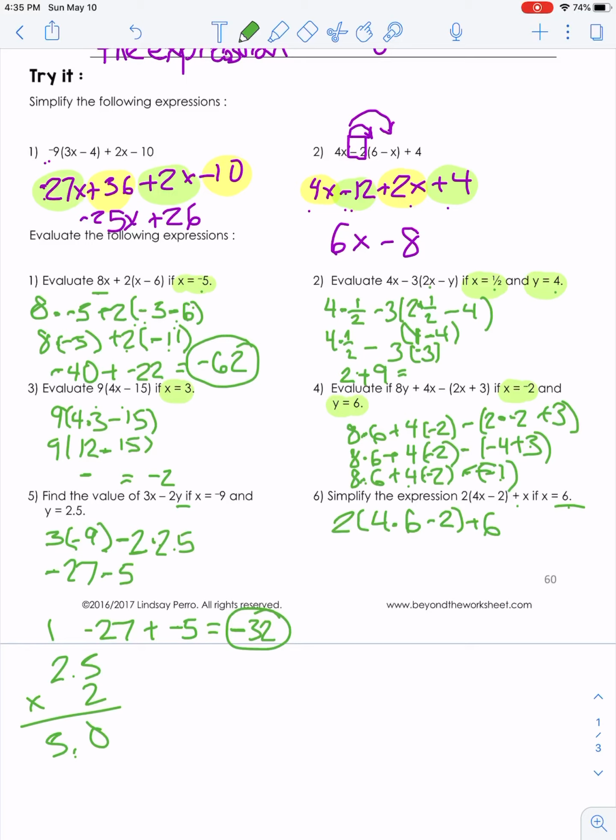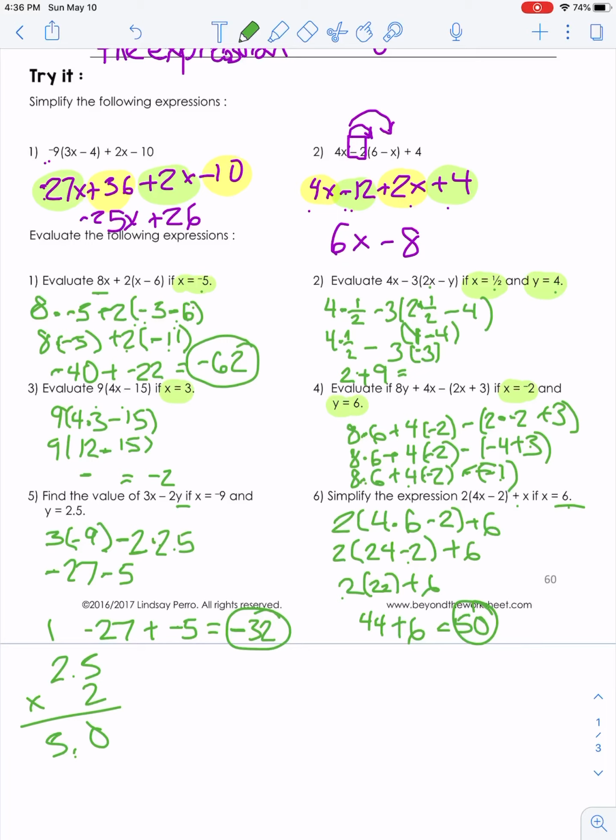So we start with our parentheses. 4 times 6 is 24 minus 2 is 22. Multiplication comes before addition. So 2 times 22 is 44. Plus 6 equals 50.